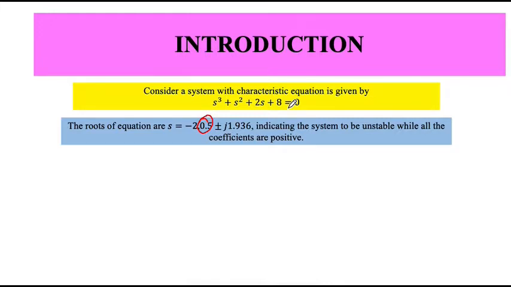However, if instead of plus here I have a condition like s cube minus s square plus 8 equals 0, it violates the condition that all coefficients should be non-negative, and this is definitely unstable if I make one sign negative. This is because I am violating the necessary condition.